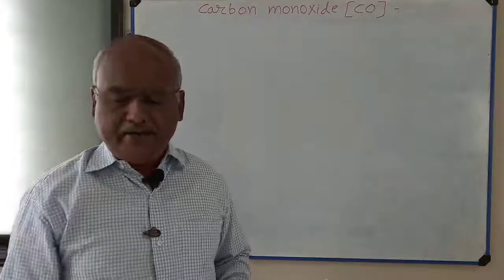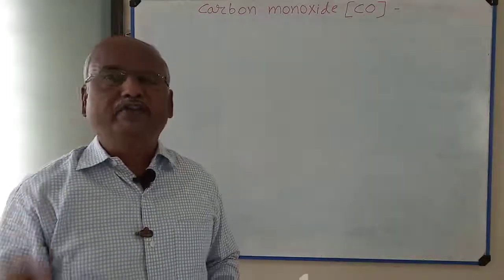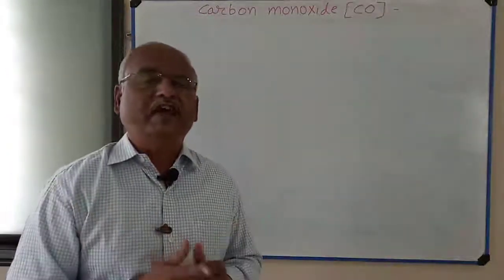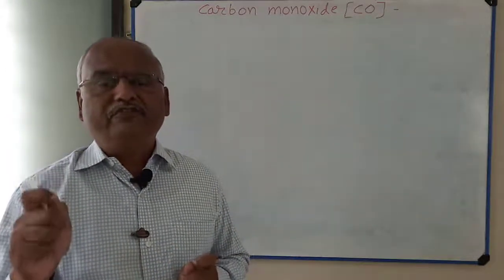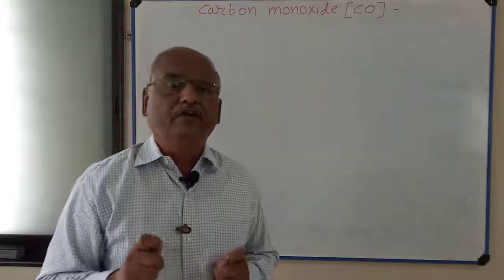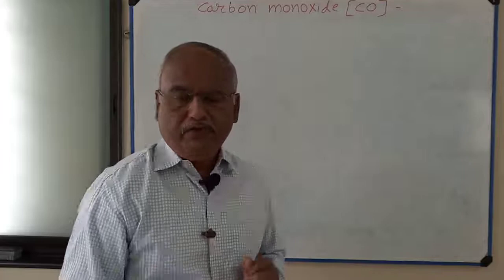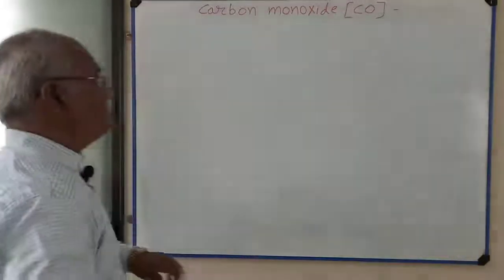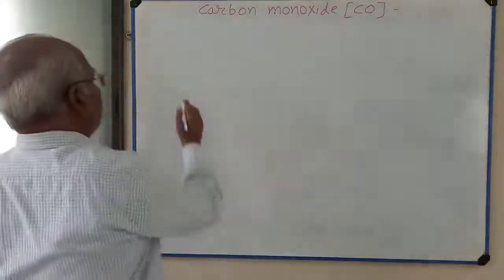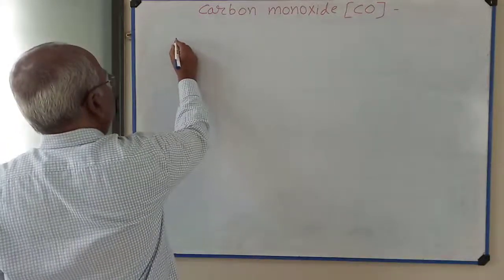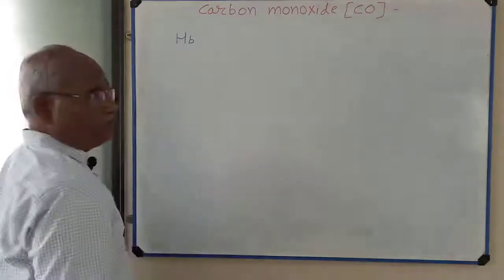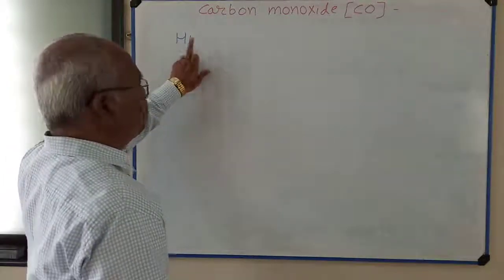Carbon monoxide is a poisonous gas. It causes death when inhaled. So here I am going to explain the reason. In blood, hemoglobin is present. Hb is hemoglobin.